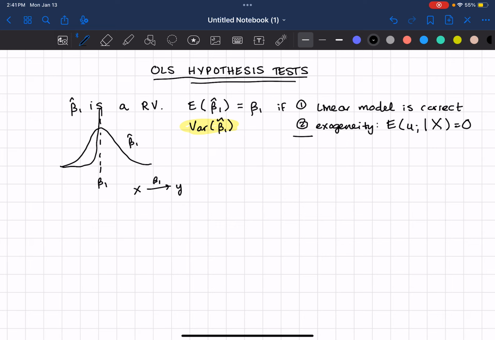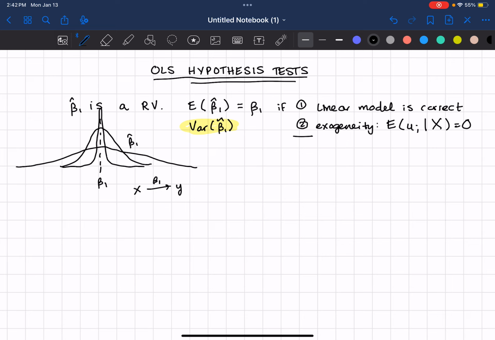It goes way up. That's a very small variance. And that's good for us because that says we're pretty confident in our estimate. We can estimate beta 1 hat precisely. But if we're estimating the variance of beta 1 hat to be very large, maybe something more like that, it's saying we're not very confident about our estimate.